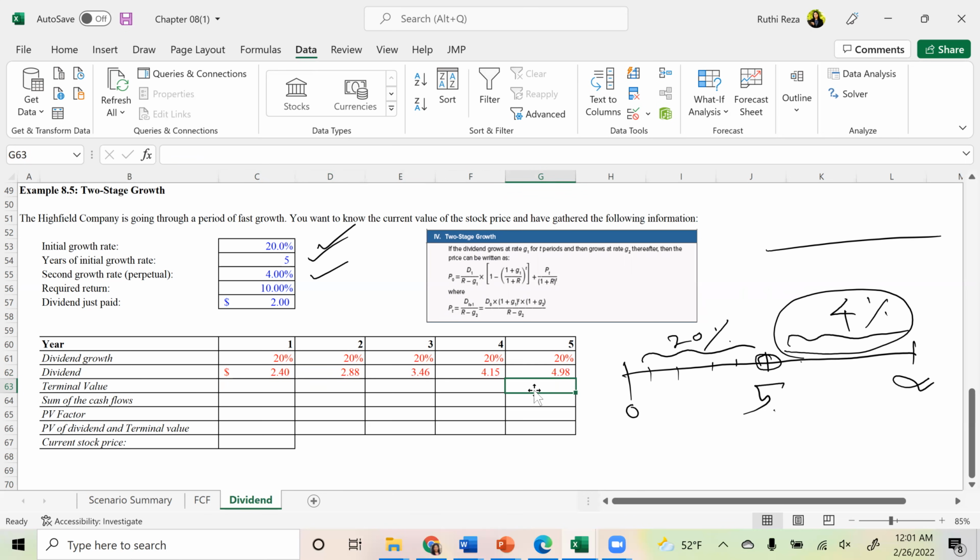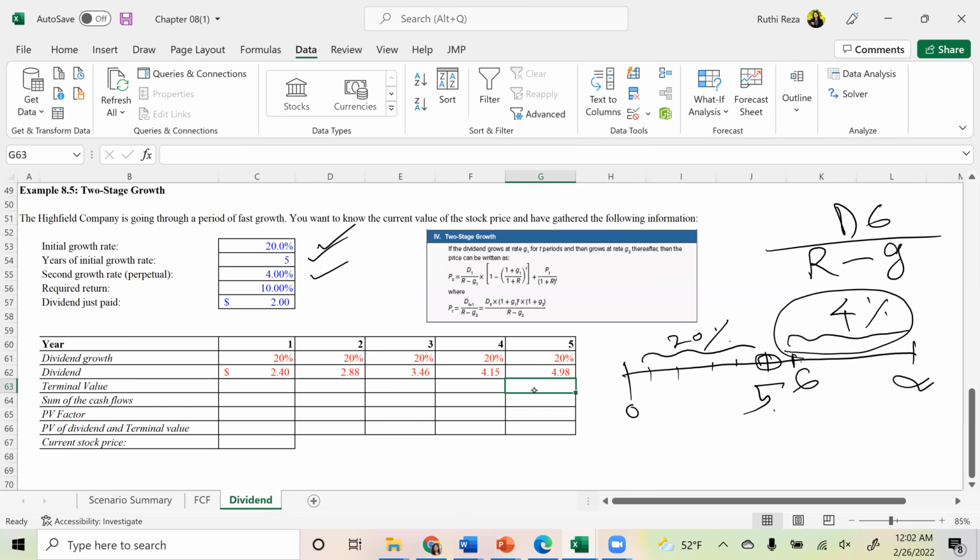Then your terminal value. So we are going to get our terminal value in year number 5 using the dividend for the very first time in the constant dividend growth rate period. So our first dividend during the constant dividend growth rate period occurs in year number 6. So we are going to calculate D6, and then we are going to divide it by the difference between the cost of equity and the constant dividend growth rate.